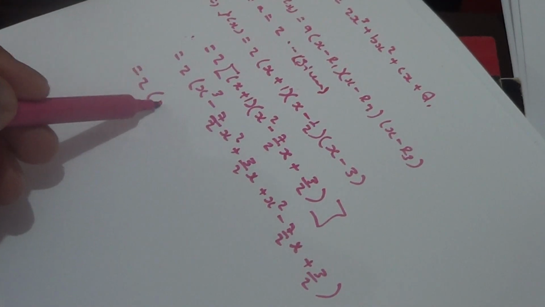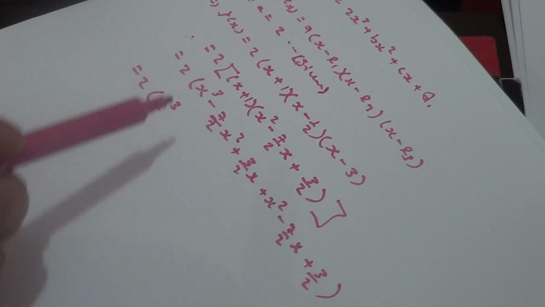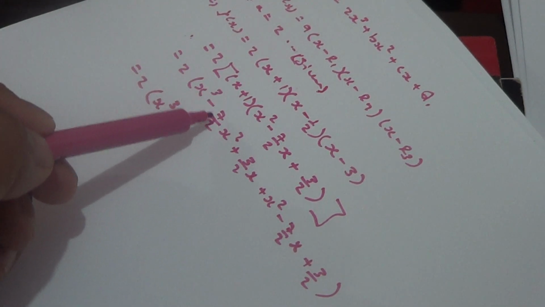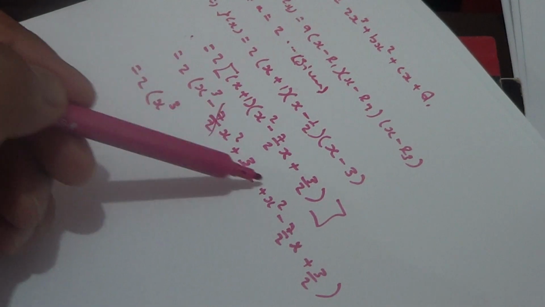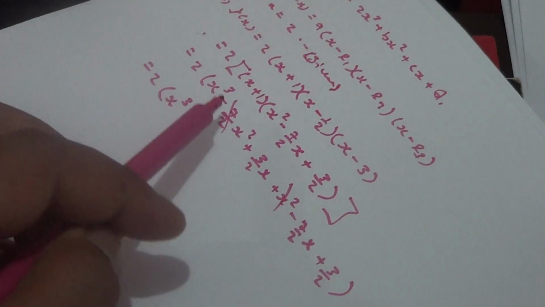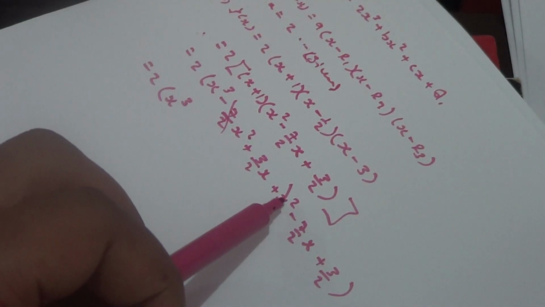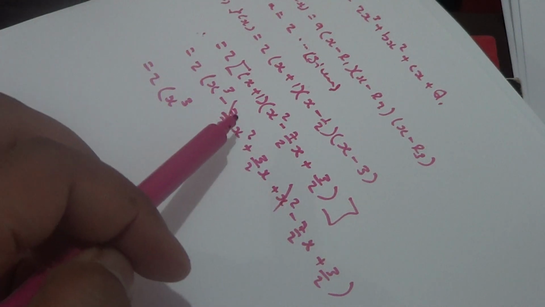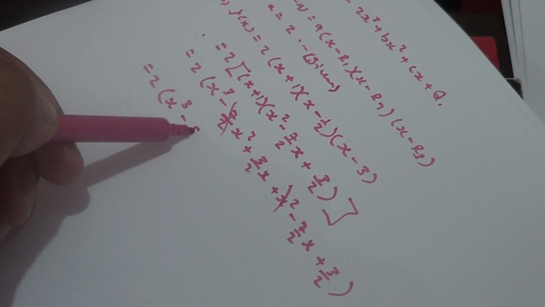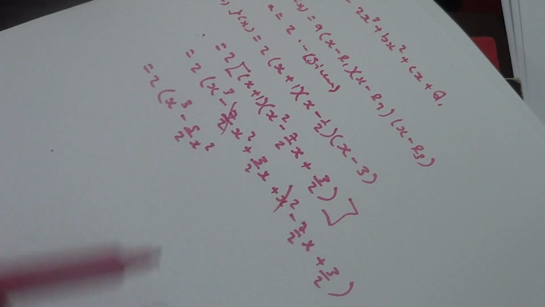Let's clean it up. x cubed. Now this guy here and that guy, we're just going to handle those two. Here you just multiply that, it becomes 2x squared. 7 minus 2 is just going to be minus 5 over 2x squared.